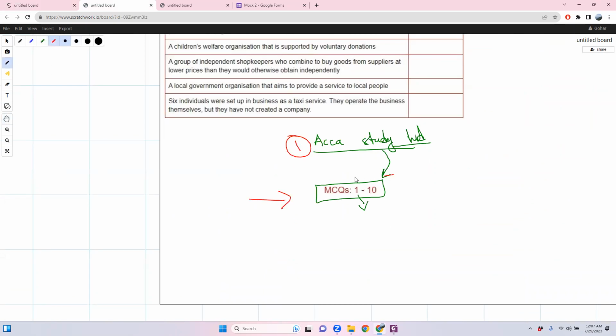Then, in these notes, the MCQs for Kaplan and the MTQs have already been highlighted, showing which MCQs relate to this topic specifically. Like here, it is written that for this topic, MCQ number 1 to 10 relate to it. We will solve these MCQs within the lecture, so you understand how to solve the MCQs very well.